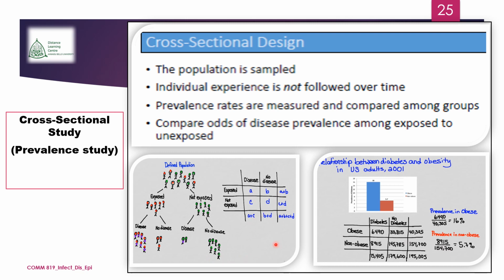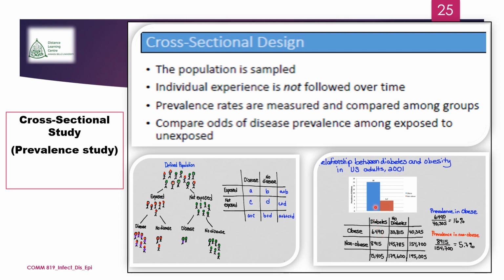Okay, so you will now be able to attribute that suspected risk factor, whether it's actually the cause of that particular disease. A typical example here, though not infectious disease, we are talking of here obesity and diabetes. So we're trying to compare whether obesity is associated with diabetes.